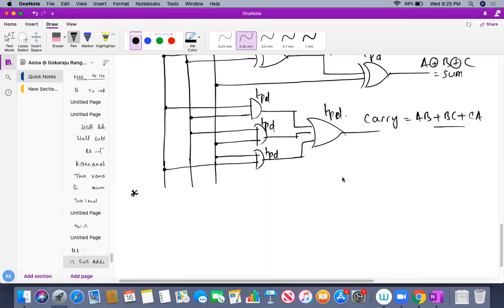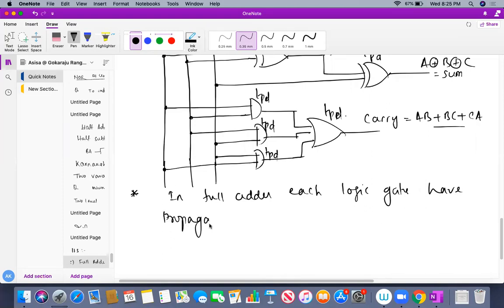To produce the sum or carry output, how much delay is required? Do you understand the question? Each logic gate has a propagation delay. What is propagation delay, students? It's very simple. If you apply an input to any gate, how much time does it take to respond to that input?